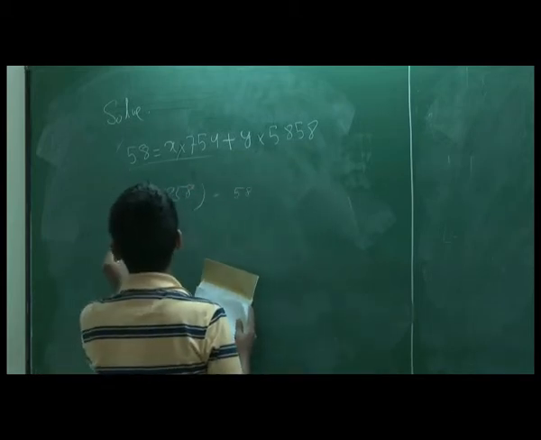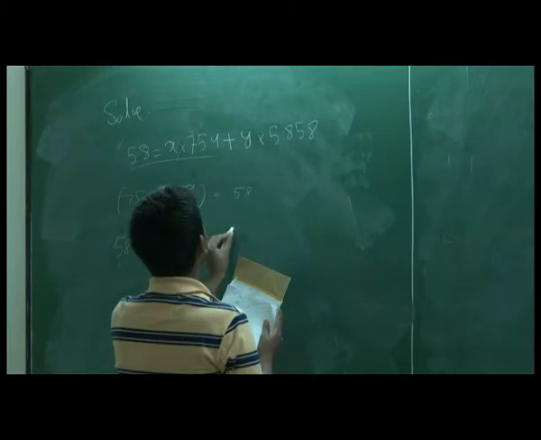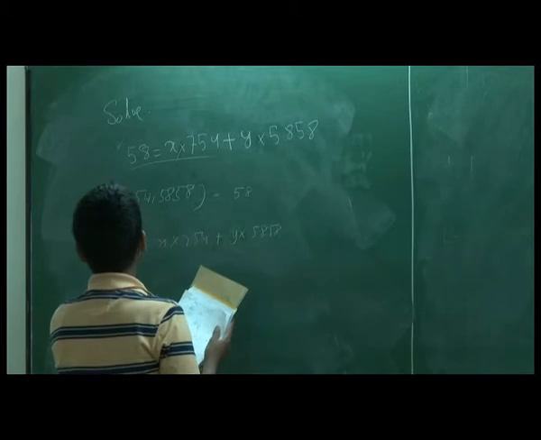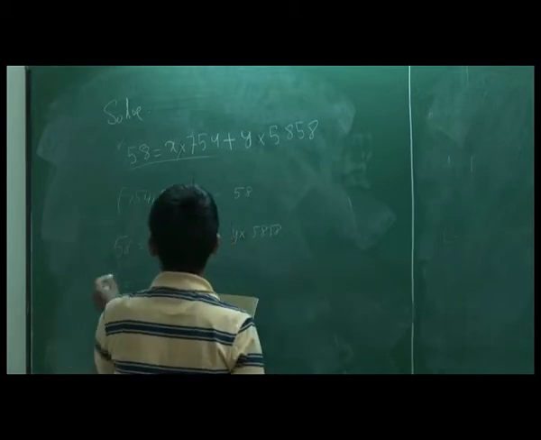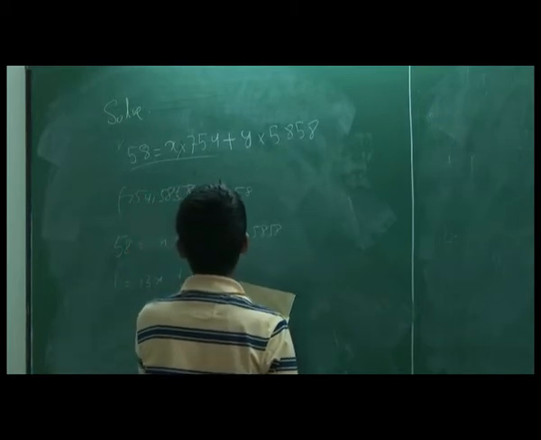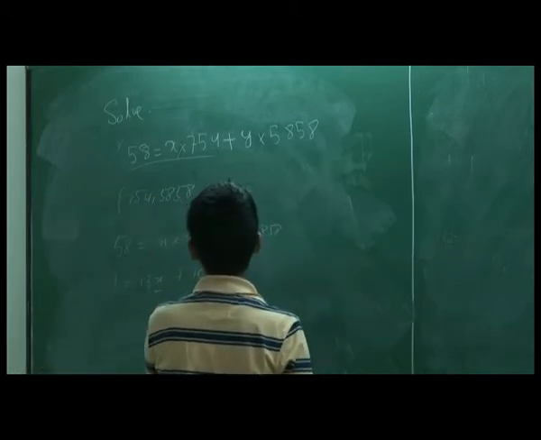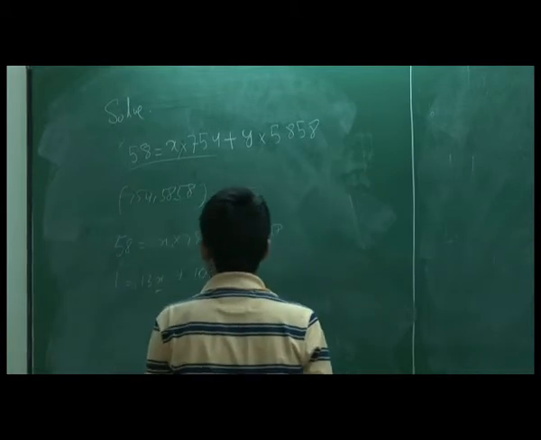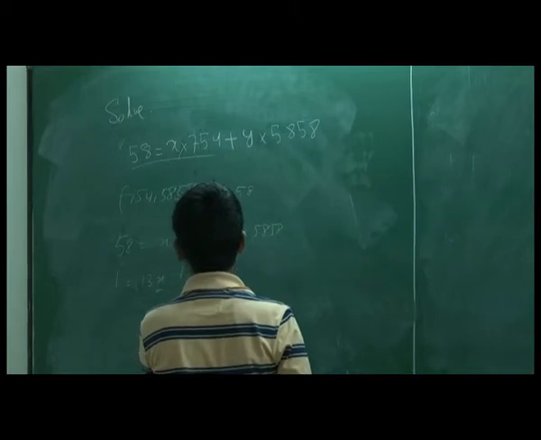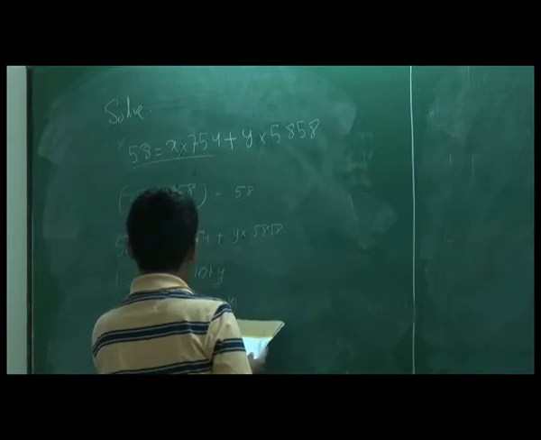So you get 58 is equal to x into 754 plus y into 5858, the whole divided by 58, which is equal to 1, that can be written as 1 is equal to 13x plus 101y. And now to find x and y, we need to find the GCD of 13 and 101. So again we use Euclid's algorithm and we write it like this. 101 is equal to 13 into 7, which is 91, plus 10. And 13 is equal to 10 into 1 plus 3.